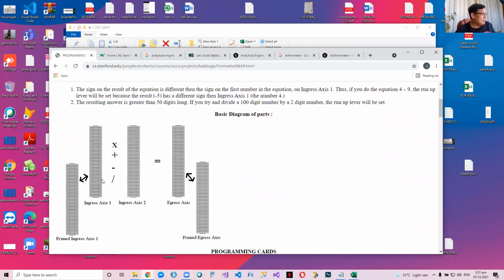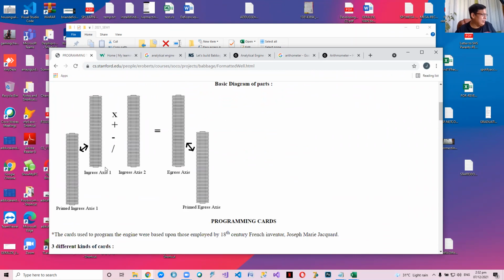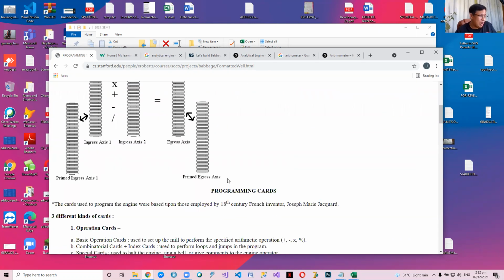This is the mill. The mill is just a set of levers. They are called ingress. Ingress is just, I'm sorry, x and y axis. Basically, the mill can store two different variables, x and y.